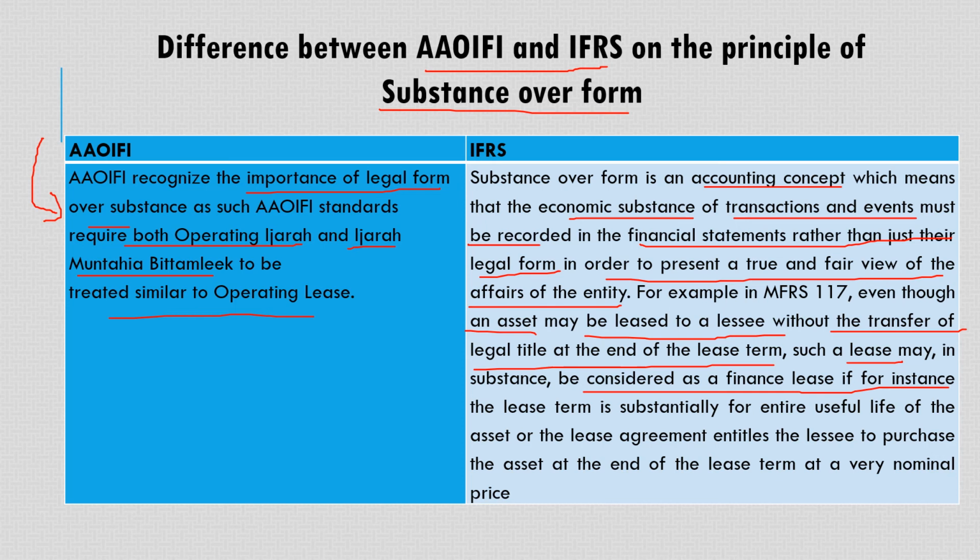For instance, the lease term is substantially for the useful life of the asset, or the lease agreement entitles the lessee to purchase the asset at the end of the lease term at a very low price. So this is, for example, untuk differences between substance over form based on AAOIFI and IFRS.